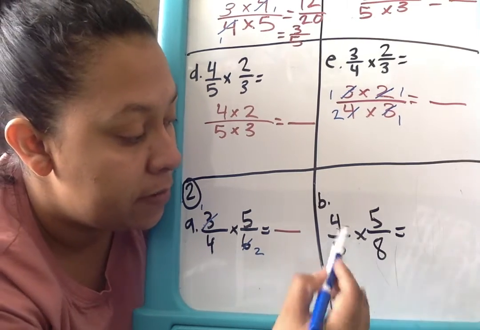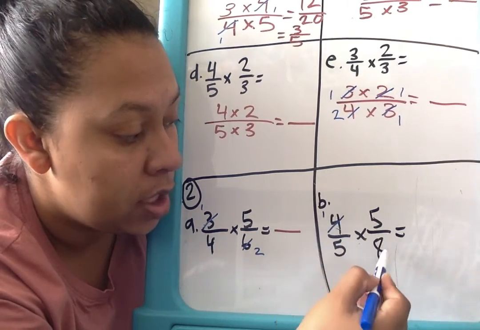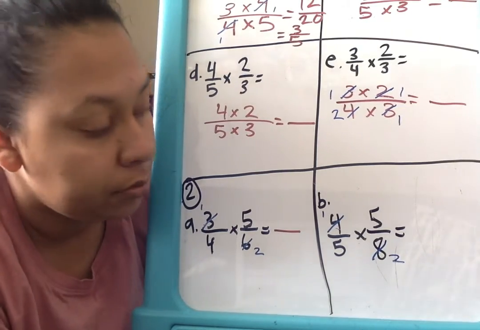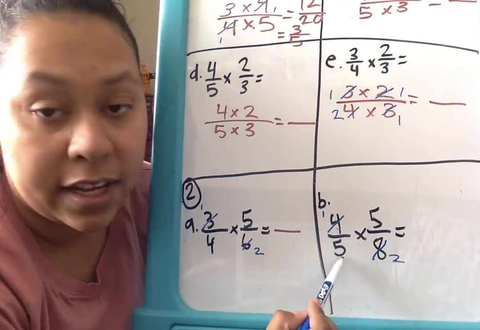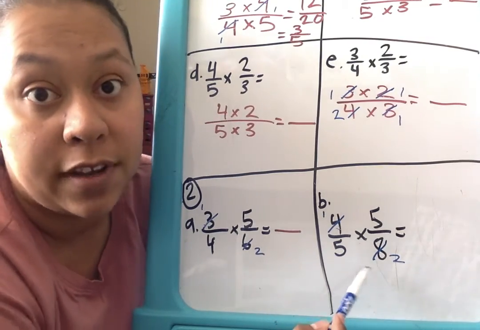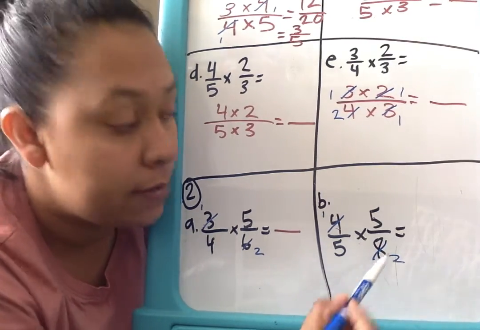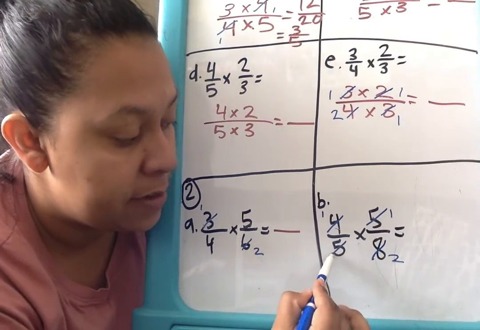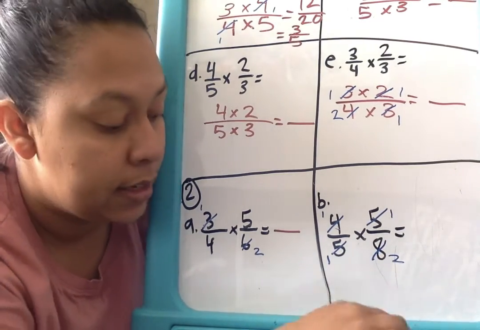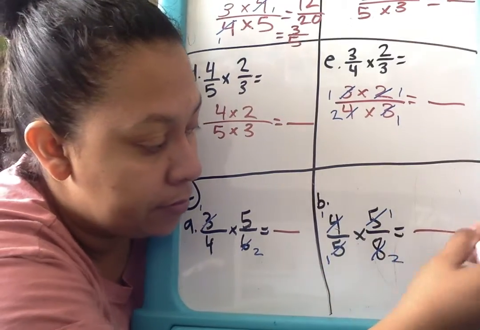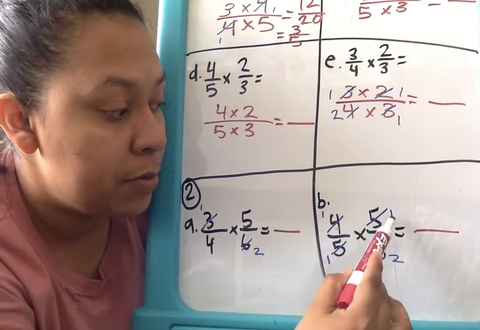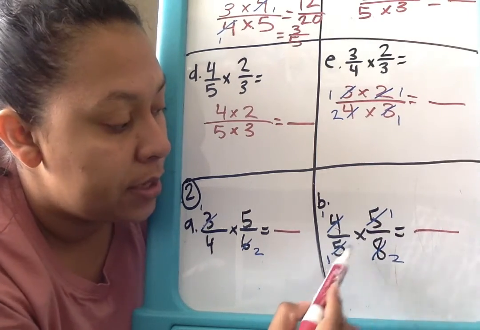So 4 divided by 4, 1. 8 divided by 4, 2. So now the other one, 5 and 5. Well, both of those are 5, so both of them can be divided by 5. So 5 divided by 5, 1. 5 divided by 5, 1. Then you can multiply your simplified numbers. So 1 times 1, 1 times 2.